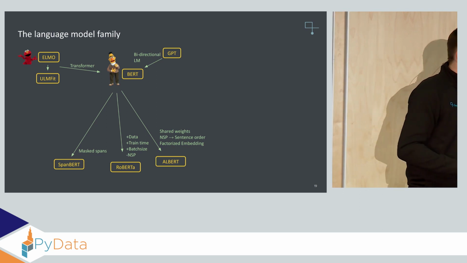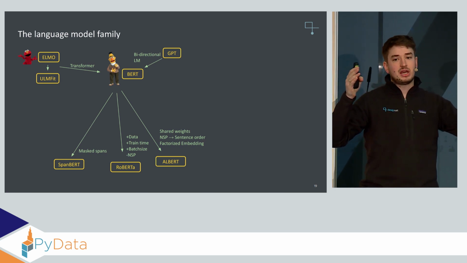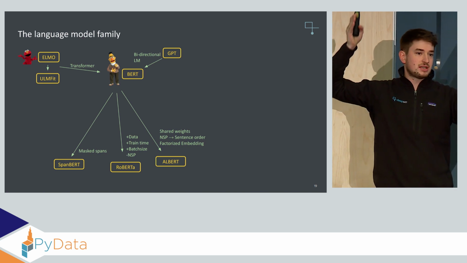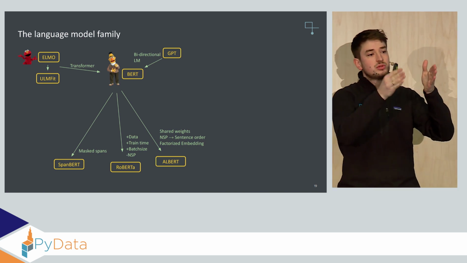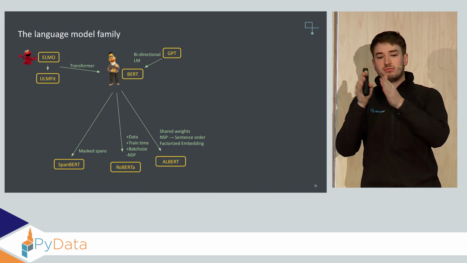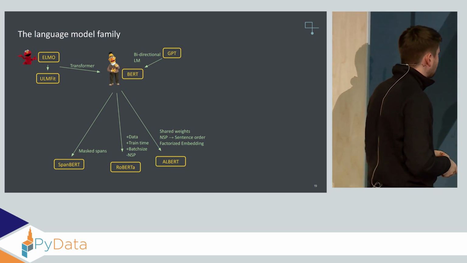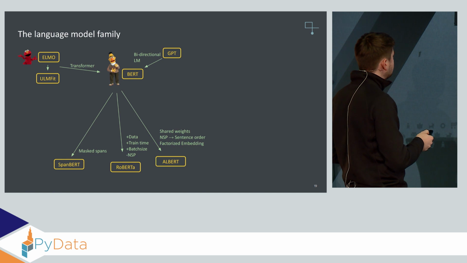So in the beginning, let's say we have a vocabulary of 30,000 tokens. You would have a matrix of 30,000 times your embedding dimensionality. And with this factorization, you reduce that to a few matrix multiplications that are way cheaper in terms of memory. And they also varied the next sentence prediction a bit.